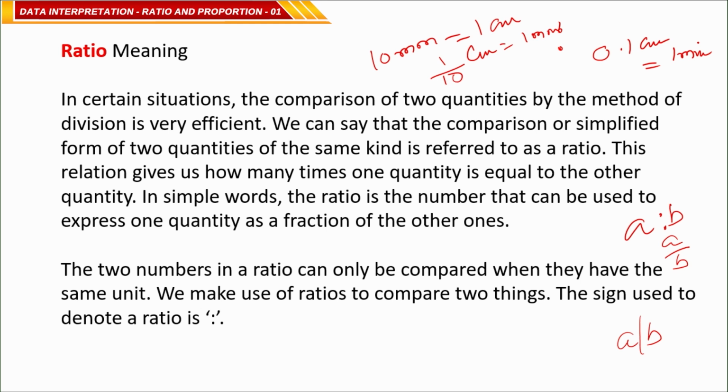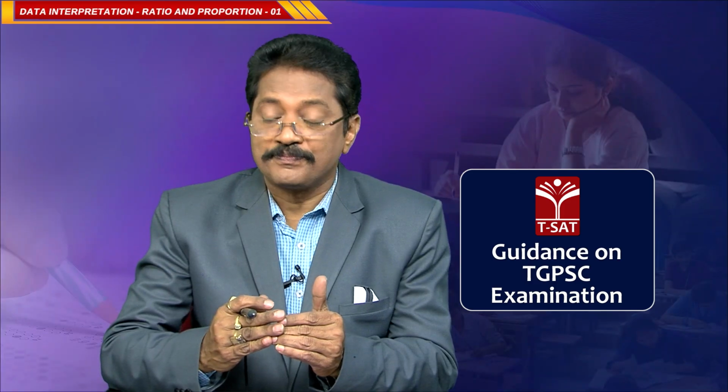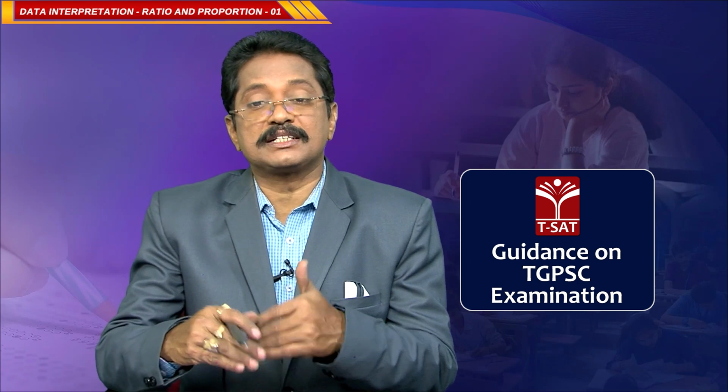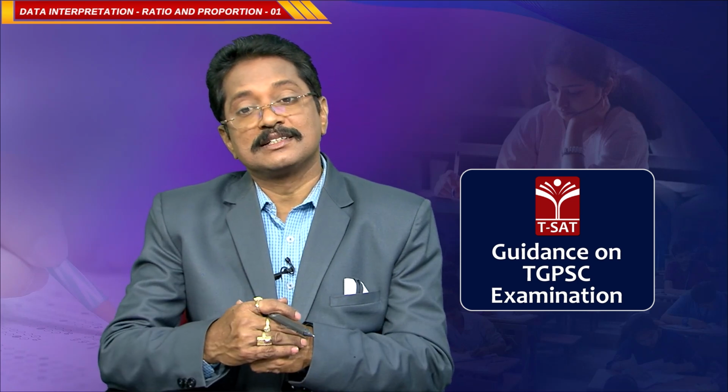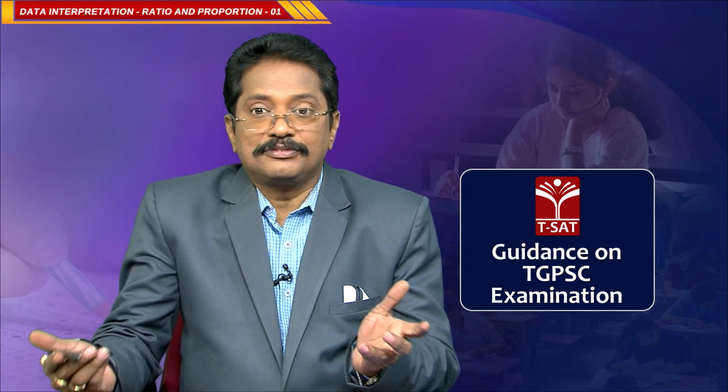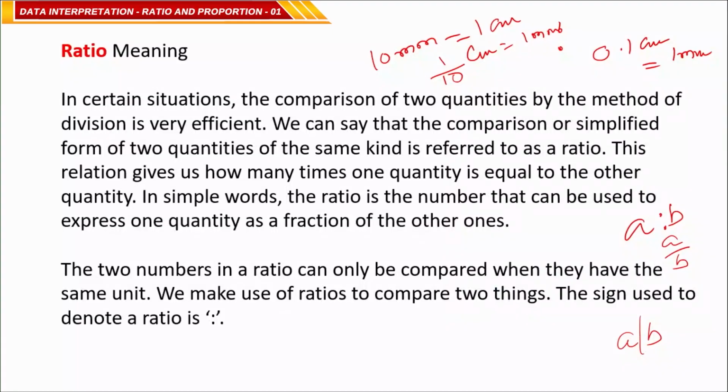So it is just a fraction: we expressed millimeter in terms of centimeters, meaning 1 by 10 centimeters. In this way we can express a ratio in the form of a fraction.